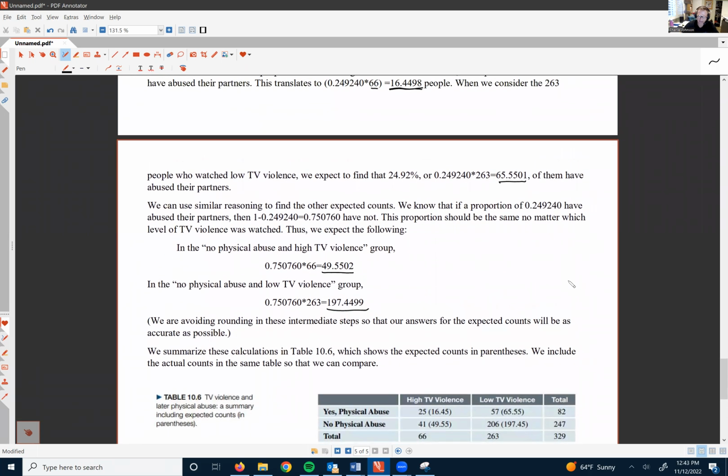So we expected that if there was no association, 16.4498 people, which is rounded here to 16.45, would have abused if they watched high TV violence.